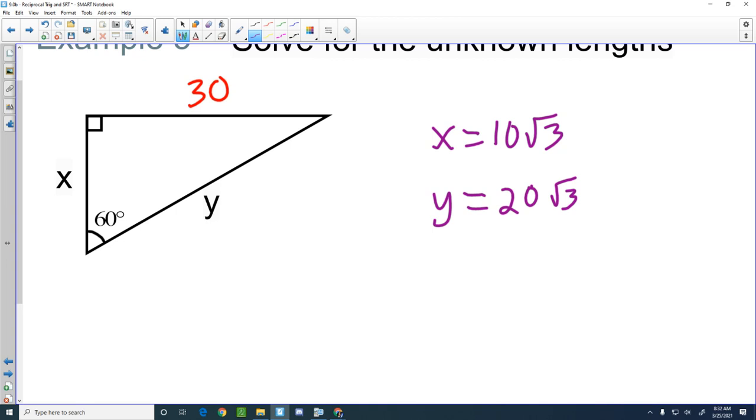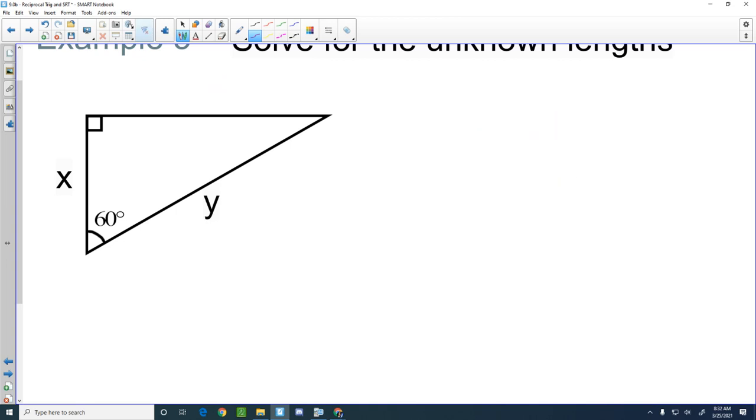How about that? What's x? It's a lot easier than you think.